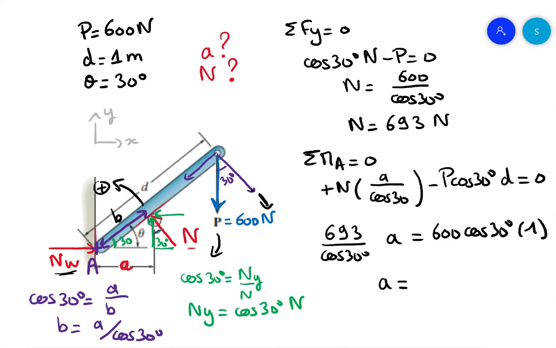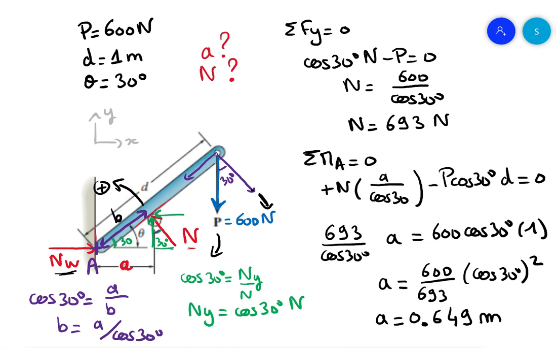So we end up having A equal to 600 times cosine 30 times cosine 30, divided by 693. That's 0.649 meter.